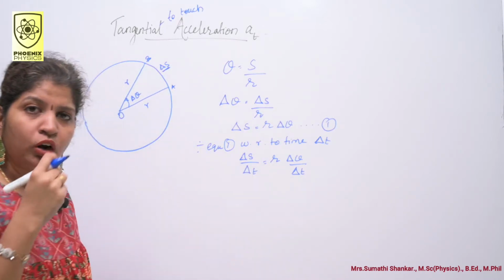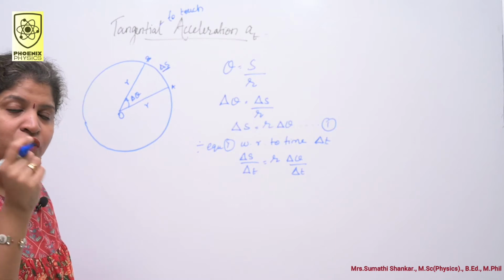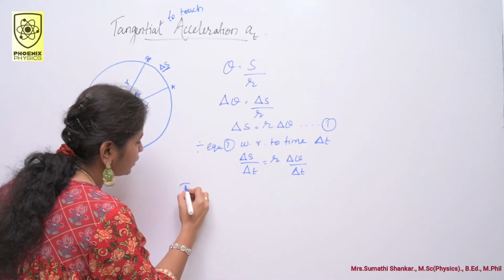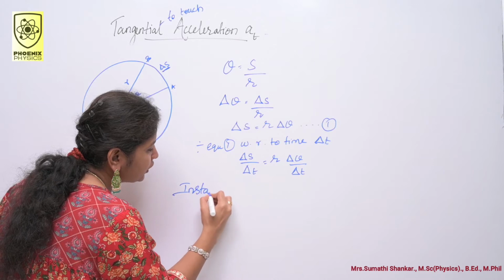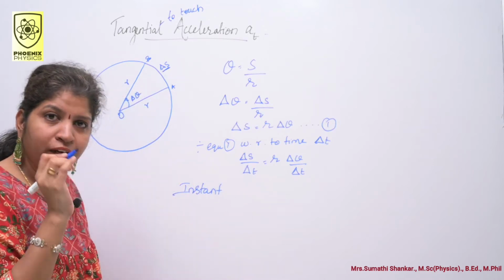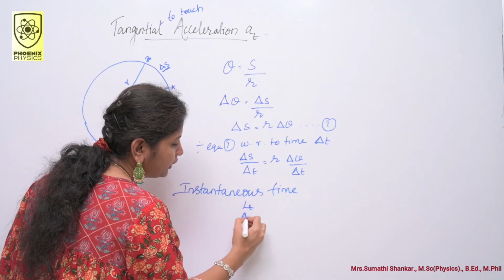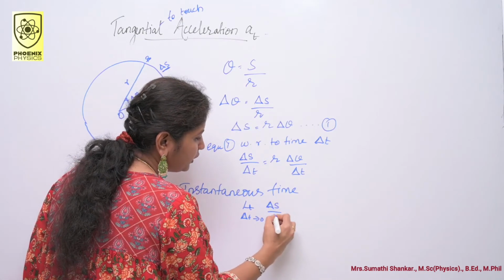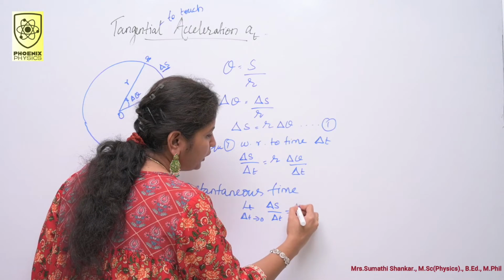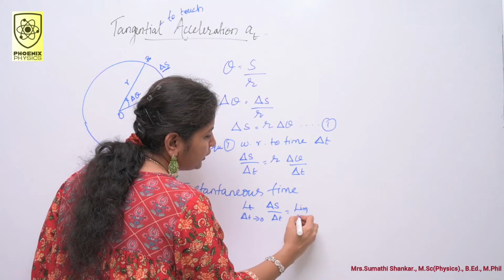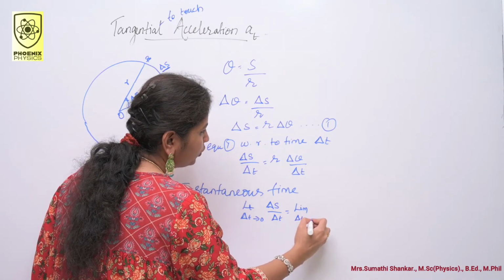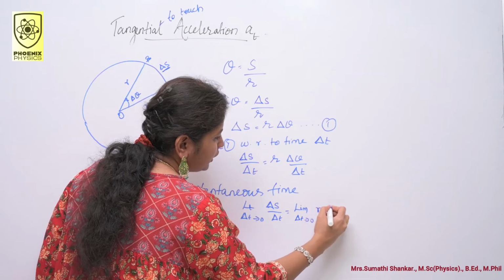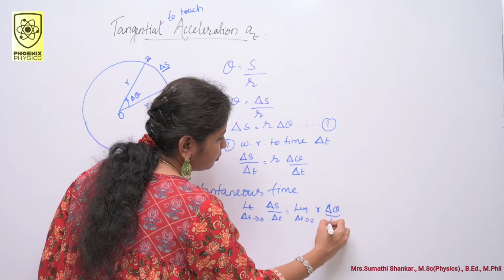Now I want to calculate instantaneous time. Instantaneous means you have to apply the limit. Limit delta t tends to 0, delta s by delta t is equal to limit delta t tends to 0 of r delta theta divided by delta t.